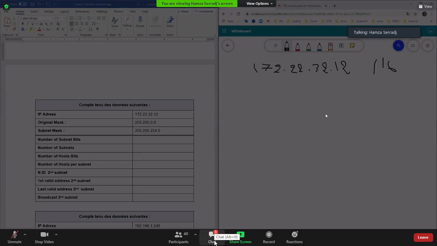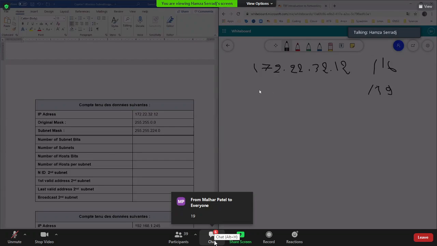And we end up with a slash. How many bits do we have here extra? 3. Good. So if I have 3 bits extra, I will end up with slash 19. Good, Chagdi.